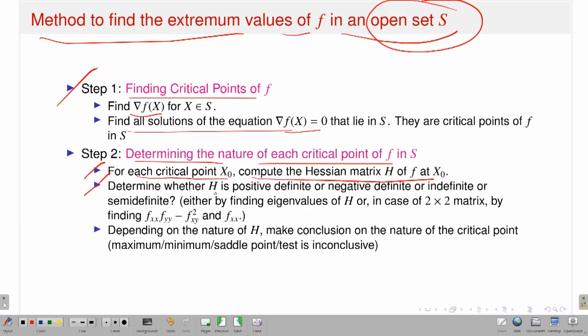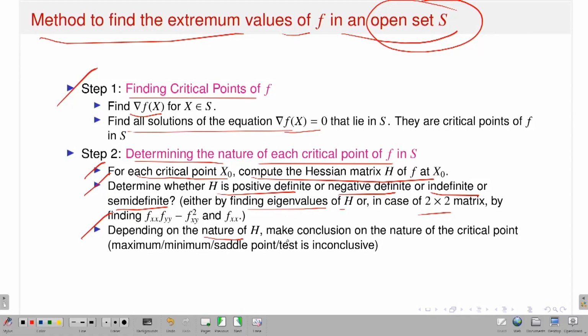Now, determine whether H is positive definite, negative definite, indefinite or semi-definite, by finding the eigenvalues of H. In the case of a 2 cross 2 matrix, it can be done in terms of the determinant and the 1 1 element. I have classified the symmetric matrix by definiteness and non-definiteness in terms of the quadratic form, the eigenvalues, and in particular for a 2 cross 2 matrix the determinant and the 1 1 element.